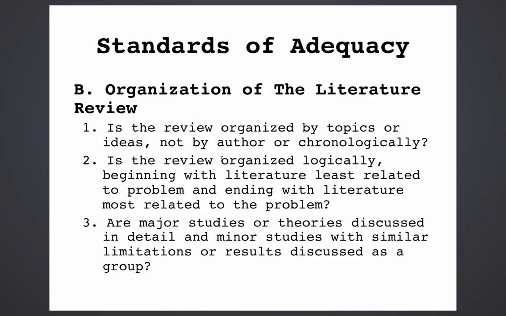Finally, are the major studies that have spoken to the problem and the purpose covered in detail? Those are the ones that should be focused on as opposed to minor studies with major limitations.